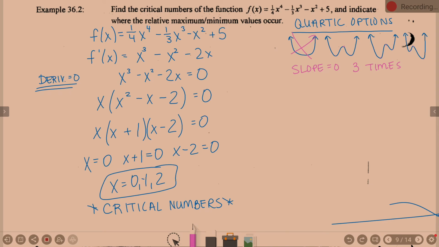Now, as we think about this, because they are relative, I should reinforce, you can't just tell by looking at the y values what's min and max necessarily, because you could have a min in one spot, and depending on where things go, it's a relative max or min.